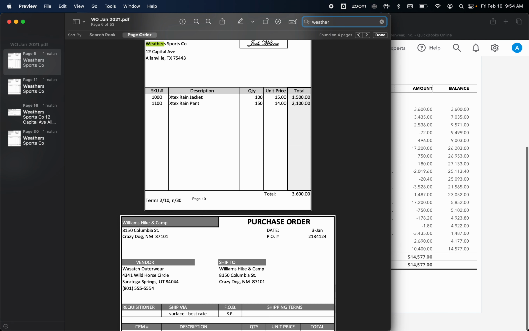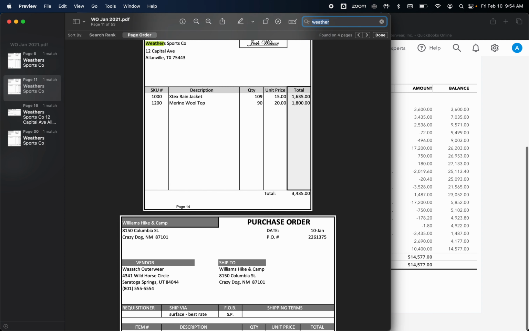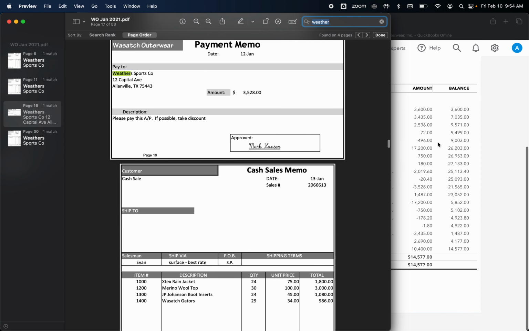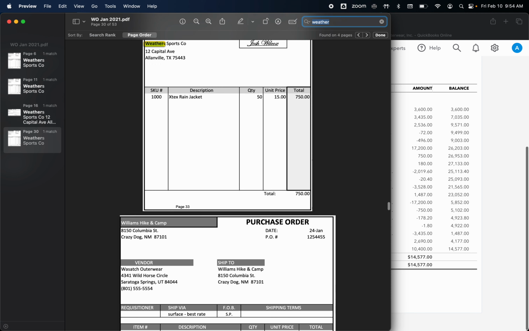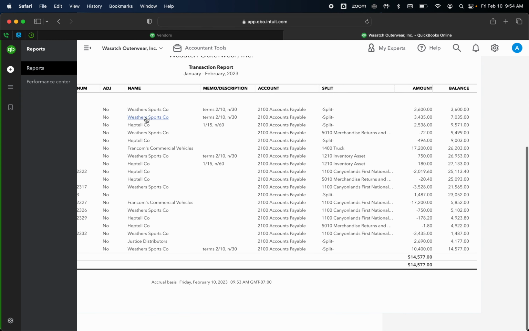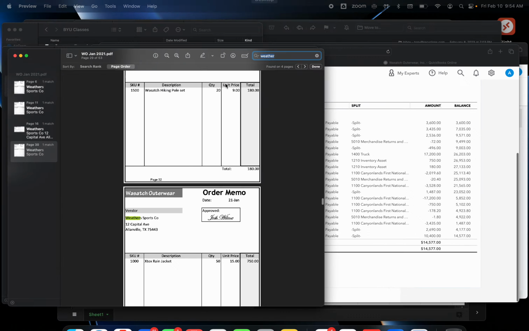So that's the first. So we have 3,600, that's on there. 34.35, that's on there. And we paid the 35.28, that's on there. And we paid the 7.50, that's on there. Perfect. So we have all Weather Sports Co. What about the setup?